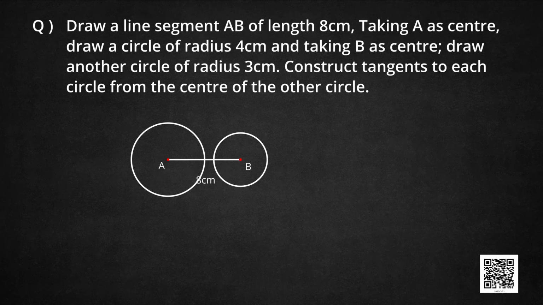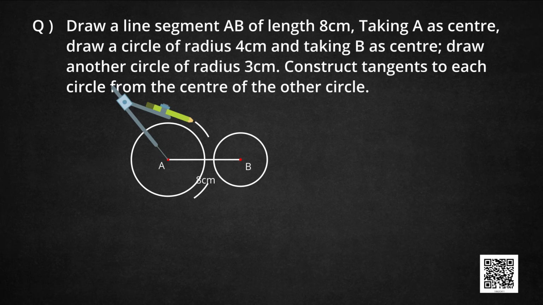So how do we draw tangents to a circle from an exterior point? First of all, we join the center of this circle with the exterior point. But in this case, it is already joined. Now we will draw a perpendicular bisector of this line segment AB. So let us do this: keeping the tip of the compass at point A and taking radius more than half of AB and slightly less than AB, draw two arcs, one above AB and another below AB.